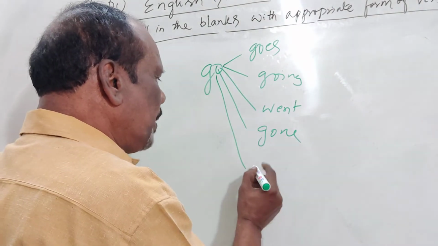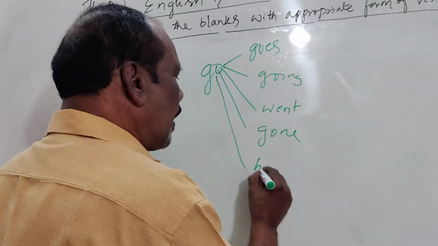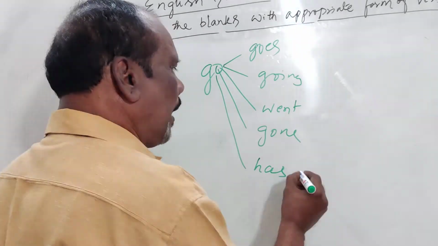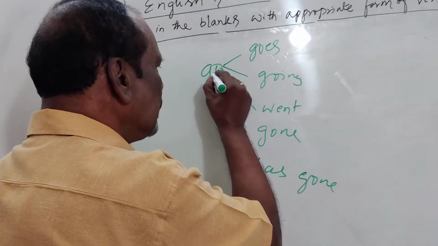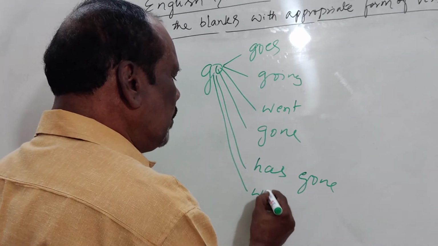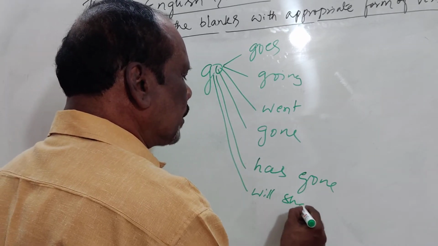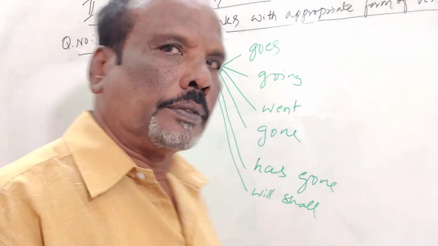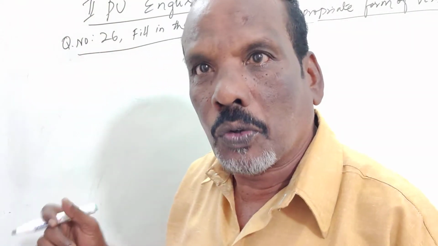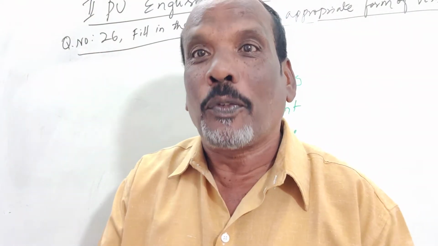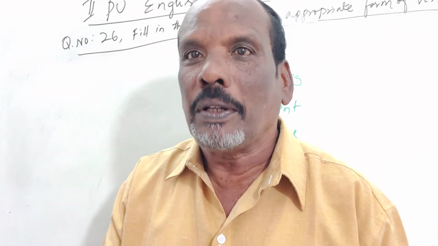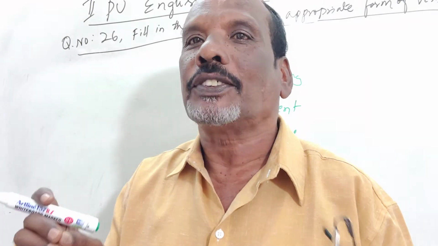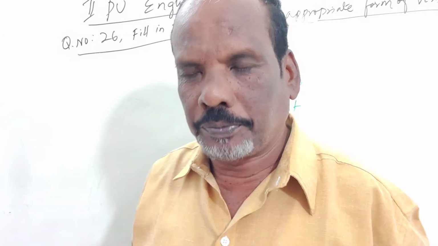And this may take has gone, had gone, will go, or shall go, like that. See, the verb go takes different forms, and a suitable form of the verb has to be used, that you know.